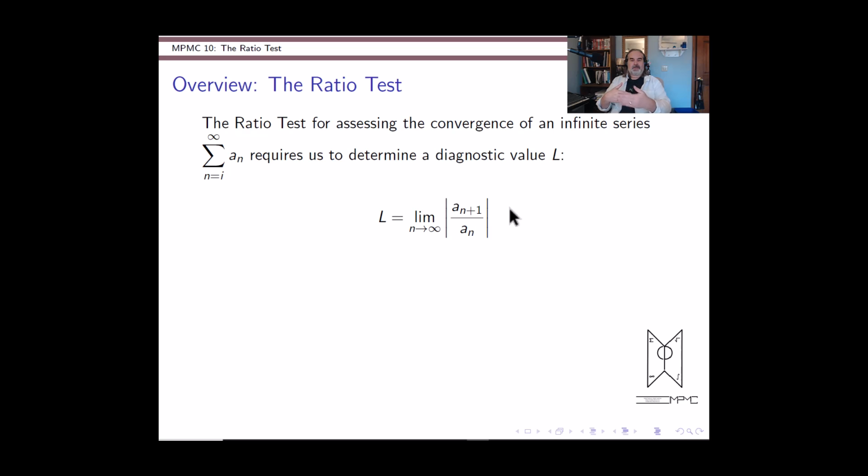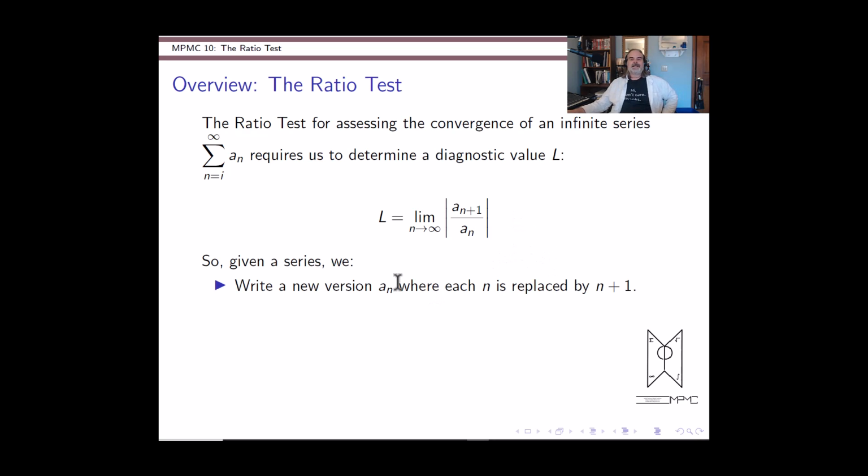So a sub n plus 1 over a sub n measures like a sub 101 over a sub 100. We're at a spot in the series, and we make sure that the next subsequent term is smaller, and that as we go farther and farther out in the series, as n goes to infinity, that trend is locked in.